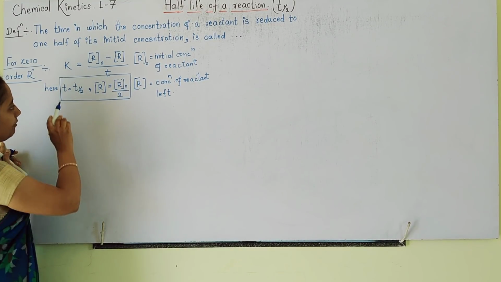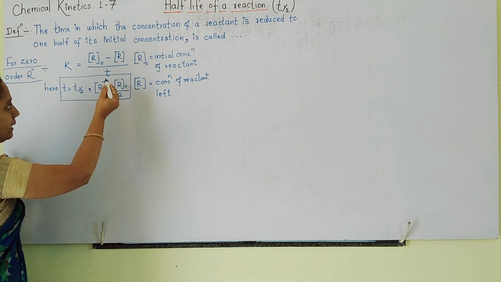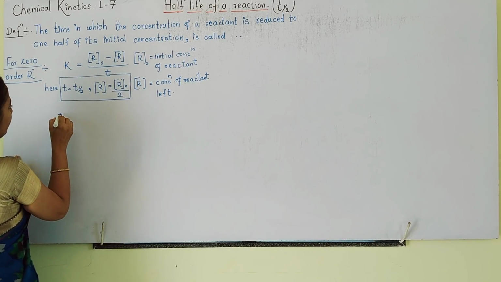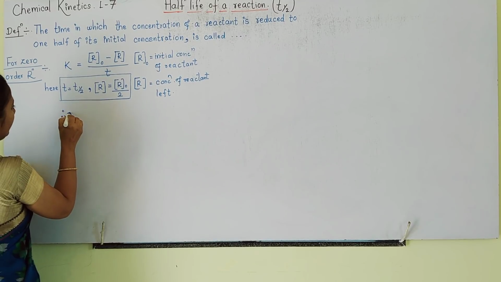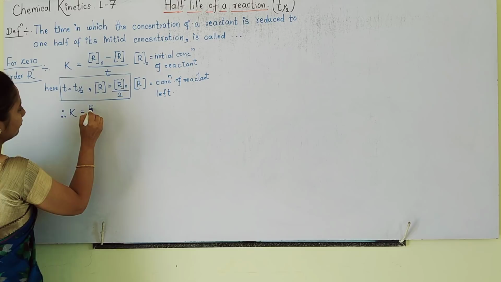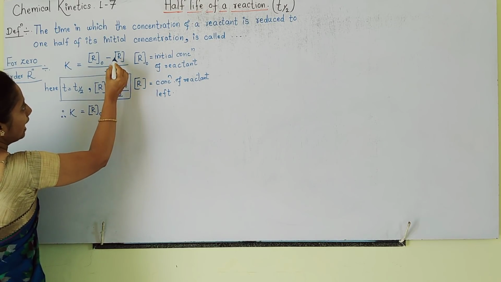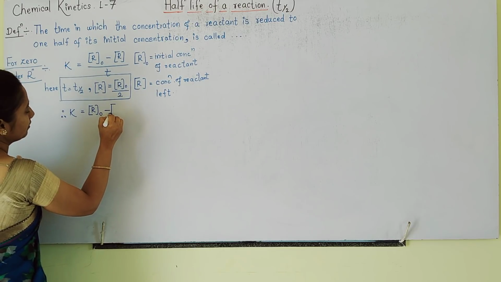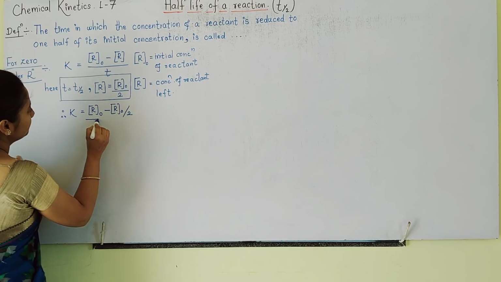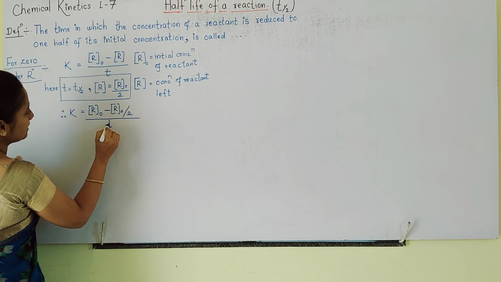For half-life, T is equal to T half and R is equal to R naught by 2. Let us substitute what you are getting, see students. K is equal to R naught minus R, which means R naught minus R naught by 2, divided by T. T here is T half.